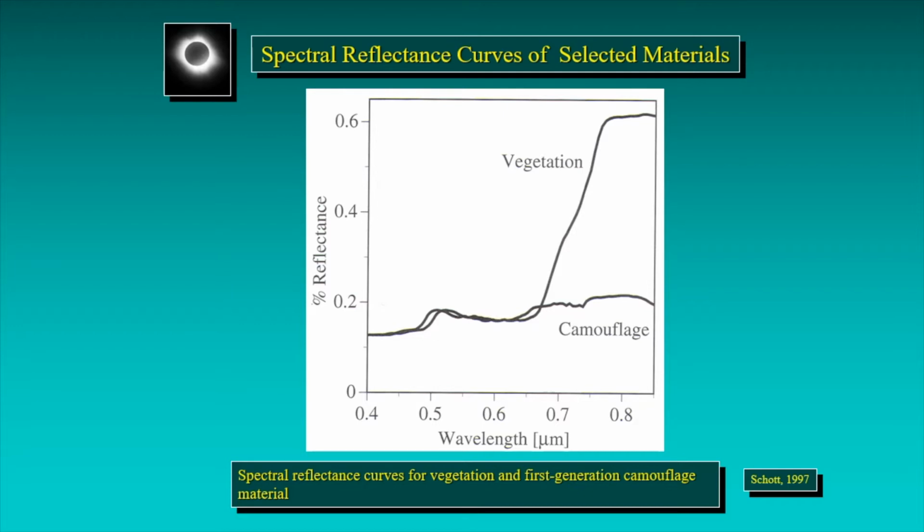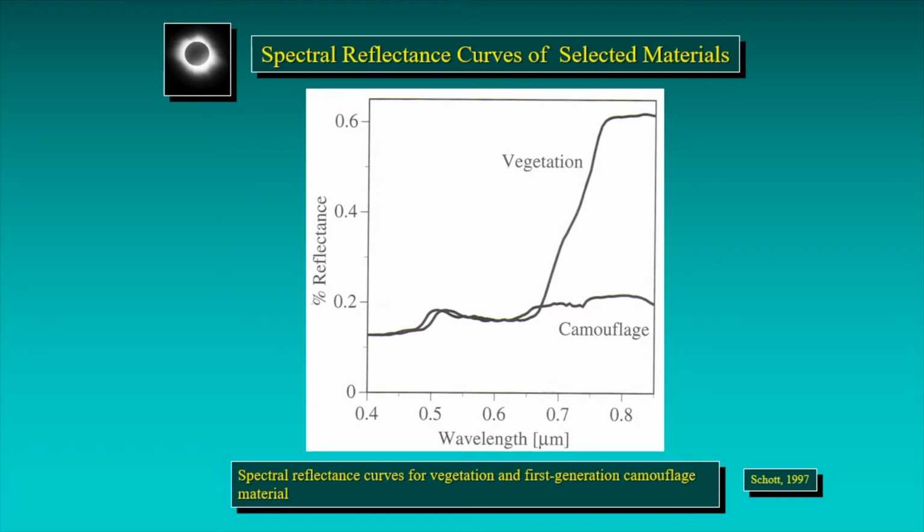We have plotted on this graph a spectral reflectance curve for vegetation, as well as a reflectance curve for a first generation camouflage material. By first generation, we mean that it does not replicate well the reflectance characteristics of vegetation in the near infrared portion of the spectrum. We can see that here by the great divergence between the reflectance curves for camouflage, which is the lower plot, versus vegetation, which is the upper curve.